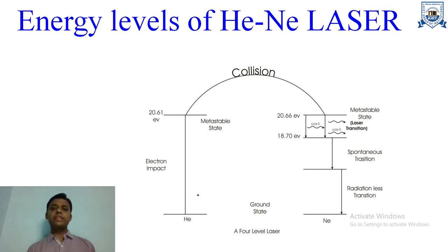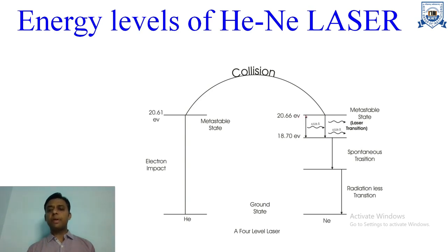After gaining the energy, helium and neon atoms come to their metastable state. But some unexcited neon atoms also collide with helium atoms, so all neon atoms come into their metastable state.